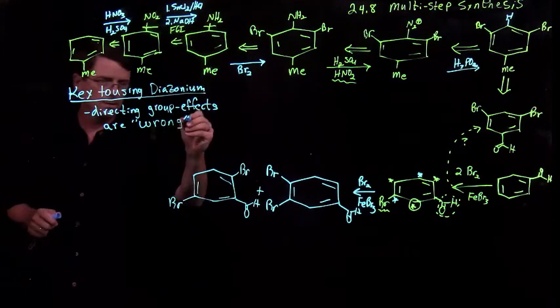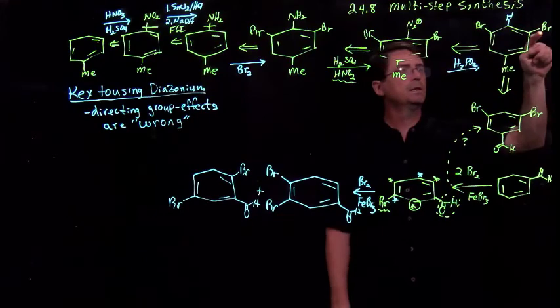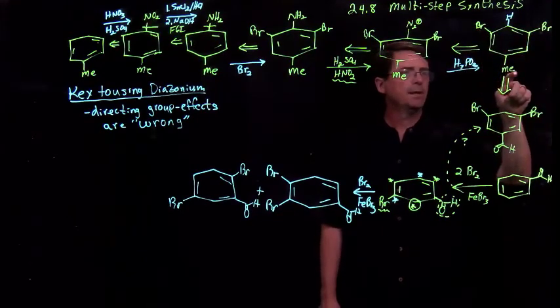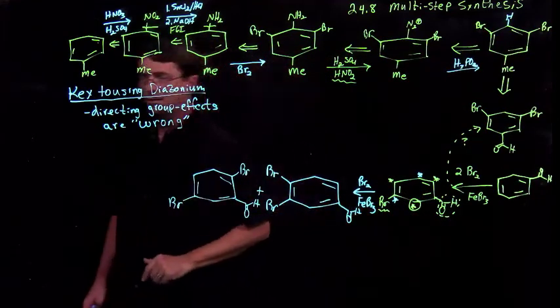Okay? And I put wrong in quotes, right? Because in electrophilic aromatic substitution, bromine does not direct meta, methyl does not direct meta, and that's what I mean by the wrong directing group effects.